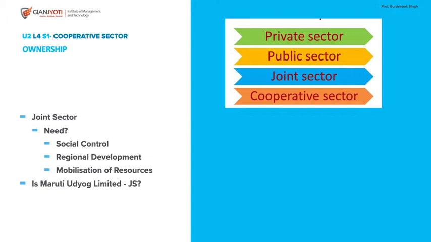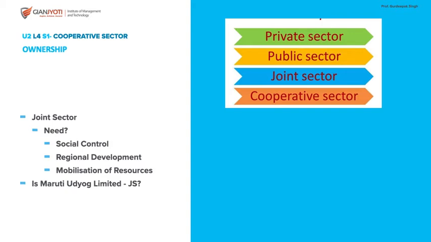So number one is that many times, as I said earlier, the government may not be able to fund all the projects. And in order to have a social control, they would like to keep the ownership. And secondly, for the regional development, as we were talking about the roads and bridges and these flyovers which are coming, we want the overall development, and we pick some of the regions and we want that area to be developed, and we want the participation of the private sector, whereas government is also there.